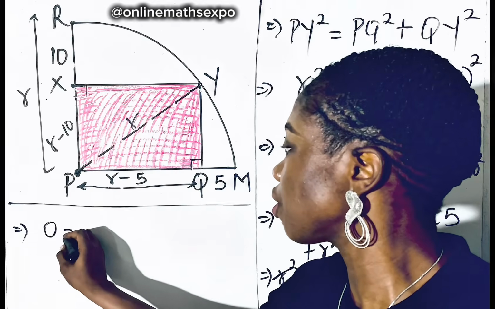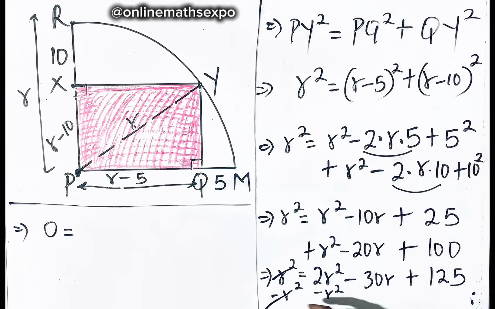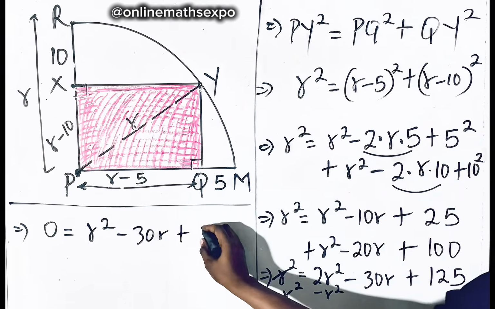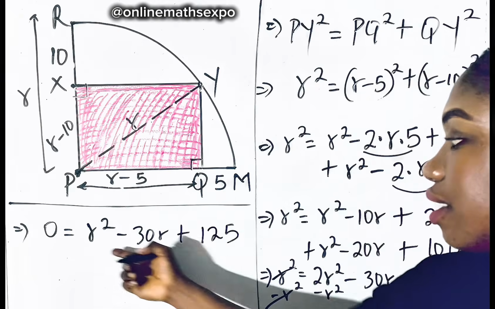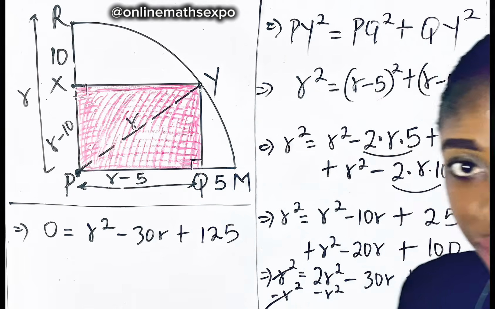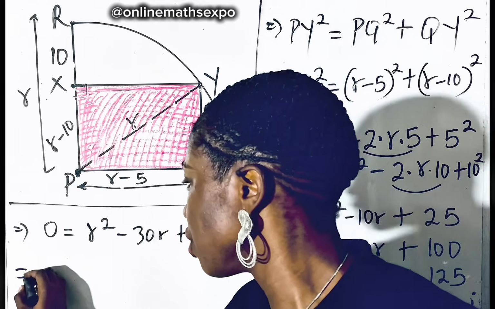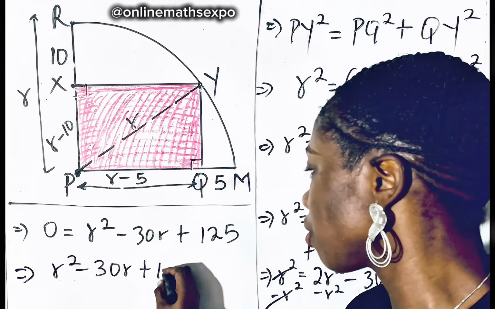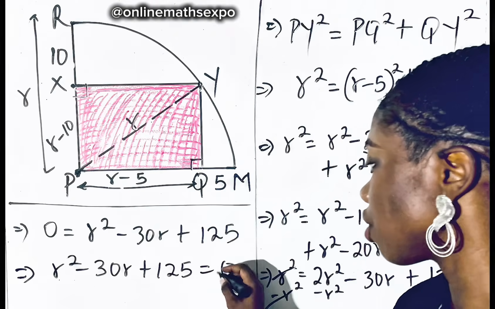So we have 0 is equal to, subtract this, it gives you R squared minus 30R plus 125. You see that this has led you to a quadratic equation because the highest power of R is 2. So quickly rearrange it. We have R squared minus 30R plus 125 is equal to 0.